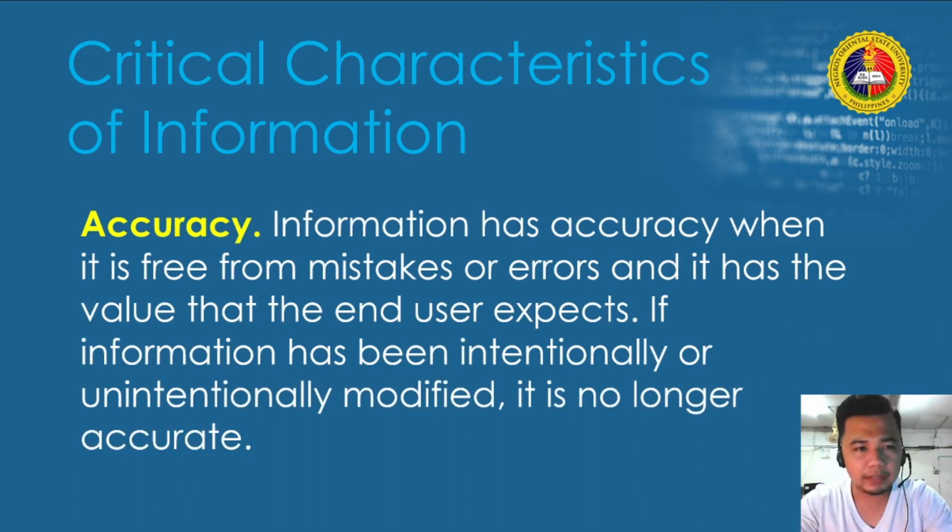Next critical characteristic of information is what we call accuracy. Information has accuracy when it is free from mistakes or errors and it has the value that the end user expects. If information has been intentionally or unintentionally modified, it is no longer accurate.